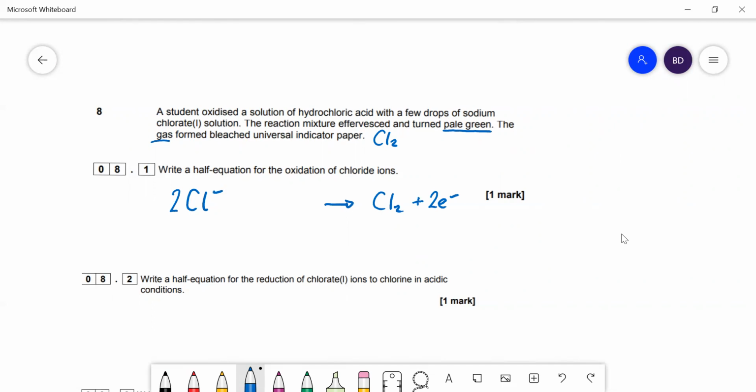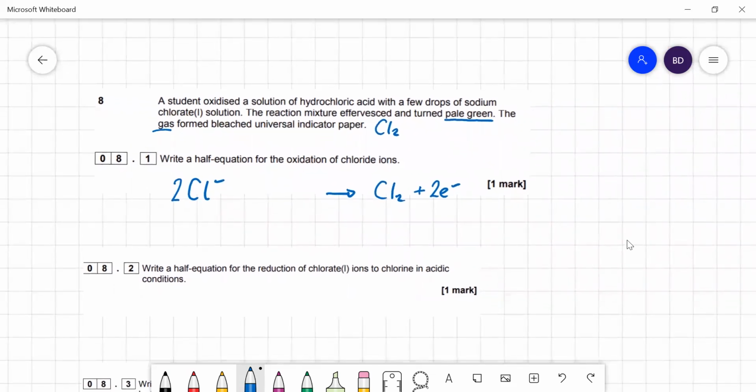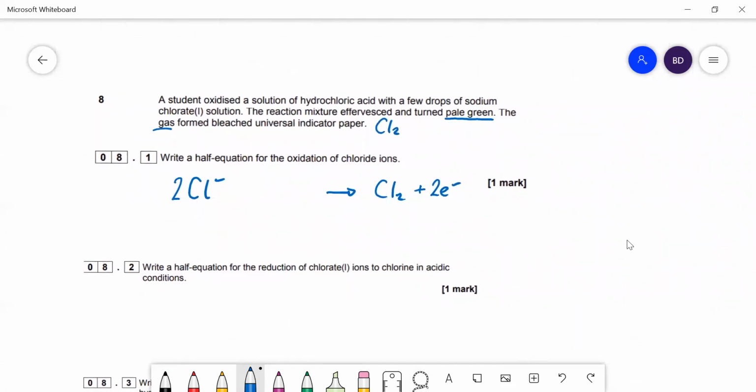Half equation for the reduction of chlorate 1 ions to chlorine in acidic conditions. You need to know the formula for the chlorate 1 ion, which is ClO minus. It's chlorate 1 because the oxidation state of chlorine there is +1. And that's going to go to Cl2. So we need to balance the chlorines by putting a 2 in there.